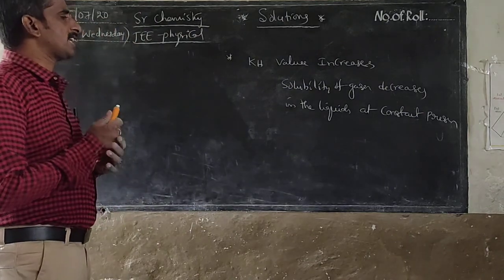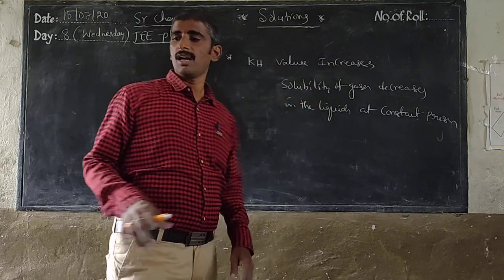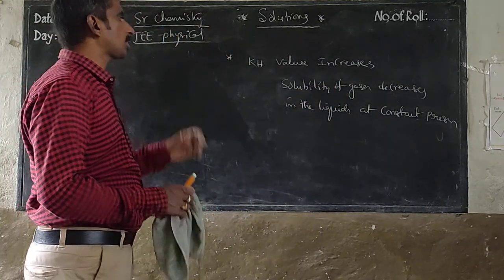So the solubility of gases in liquids decreases with an increase in Henry's constant KH at constant pressure. That is one of the important points.